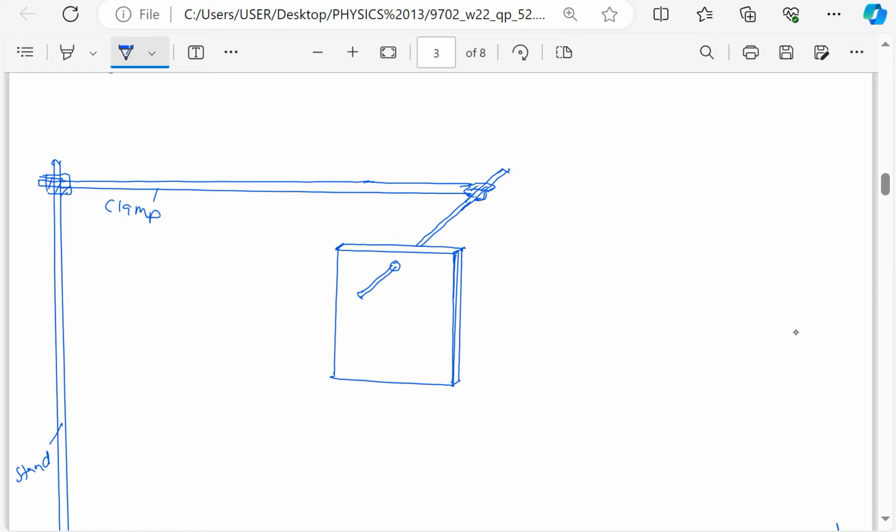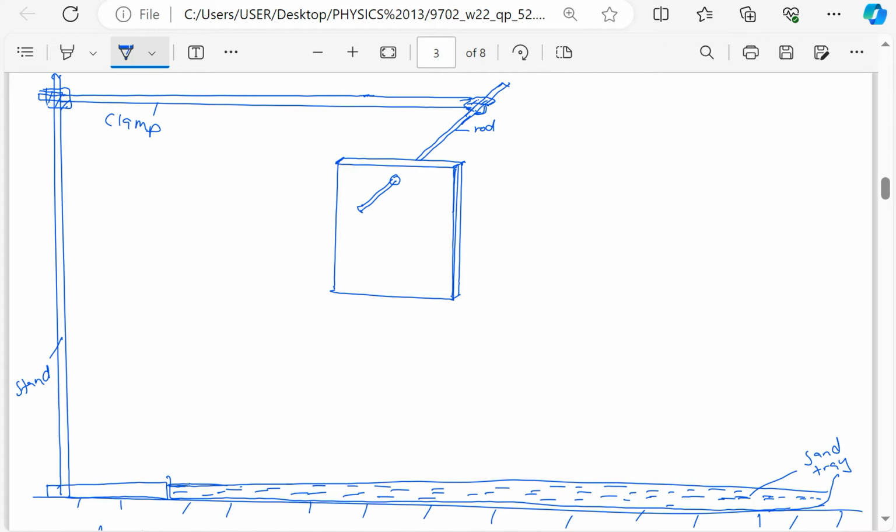Okay, so this is going to be the rod. I'm going to add a ruler because I want displacement to be through the same horizontal distance. So I'll put a ruler here.